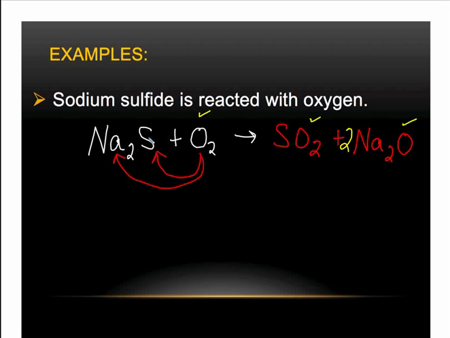So I'm going to put a 2 there, but then that gives me 4 here, so I'm going to put a 2 there. Now my sodiums are balanced, but my sulfurs aren't, so I have to put a 2 there. Now I have 4 plus 2 equals 6 oxygens, so I need a 3. It's never a bad idea to double check that that's the lowest whole number ratio, and it is.